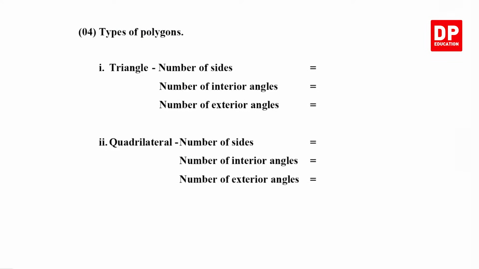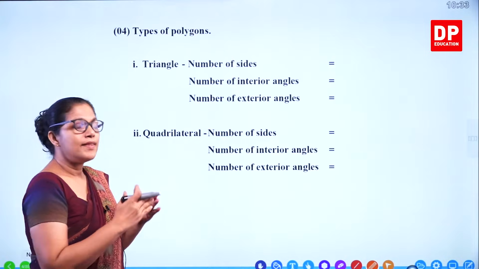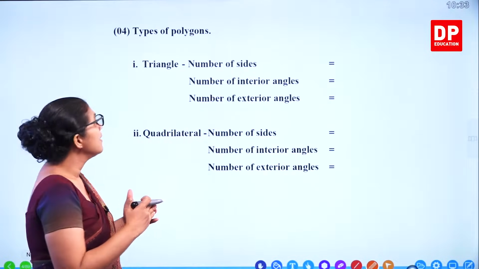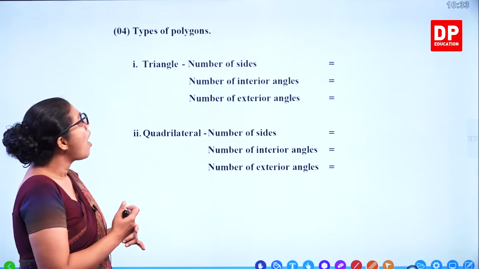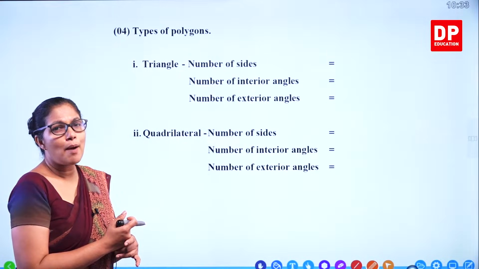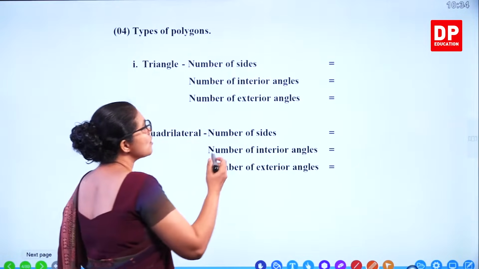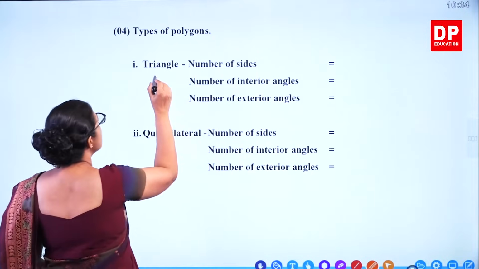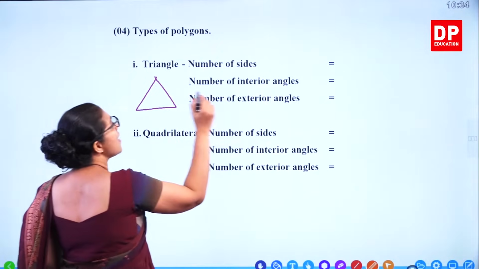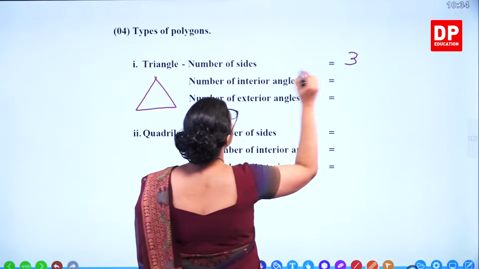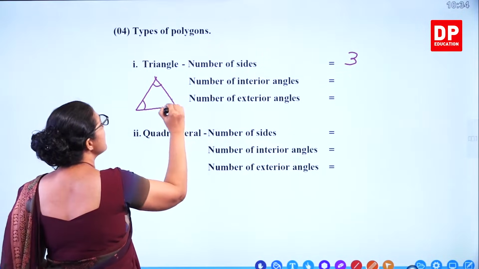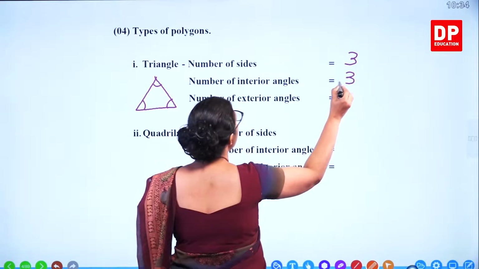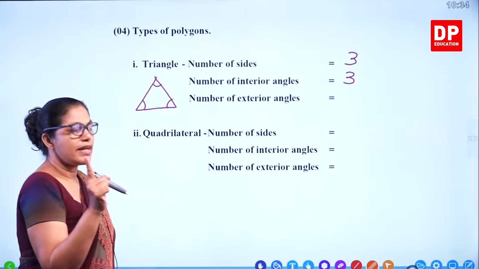So what are the types of polygons? When there are three lines, that's called a triangle. So how many sides are there? Number of sides? We know for a triangle, that's 3 sides. How many interior angles? 1, 2, 3. 3 interior angles are there. How many exterior angles?